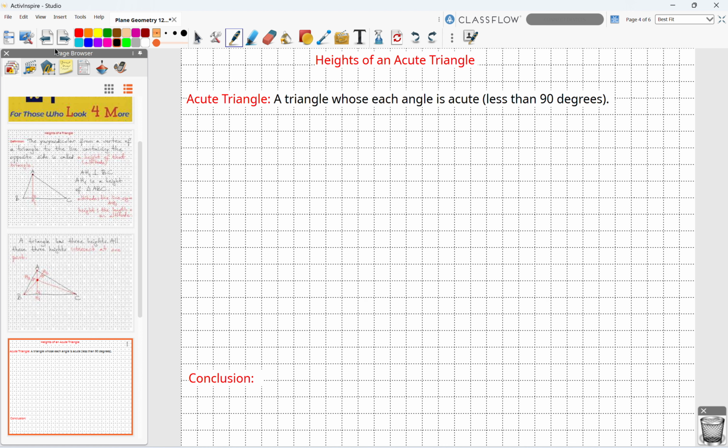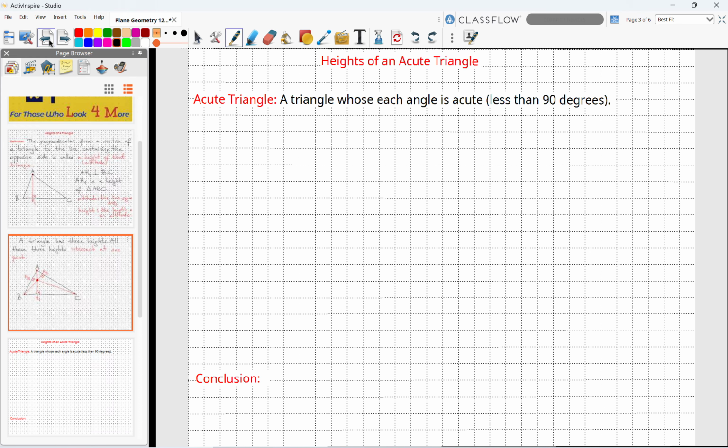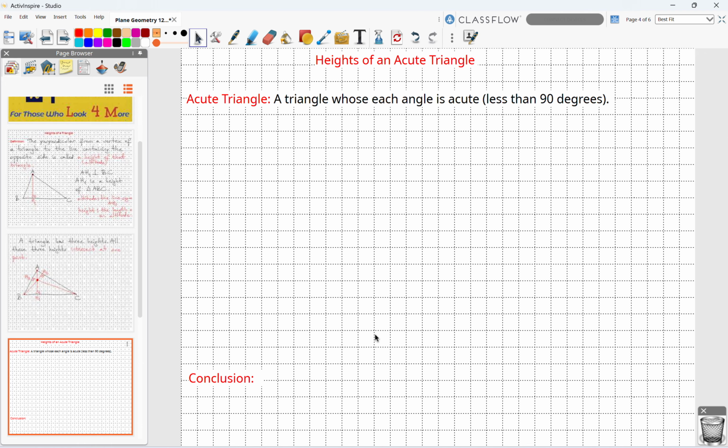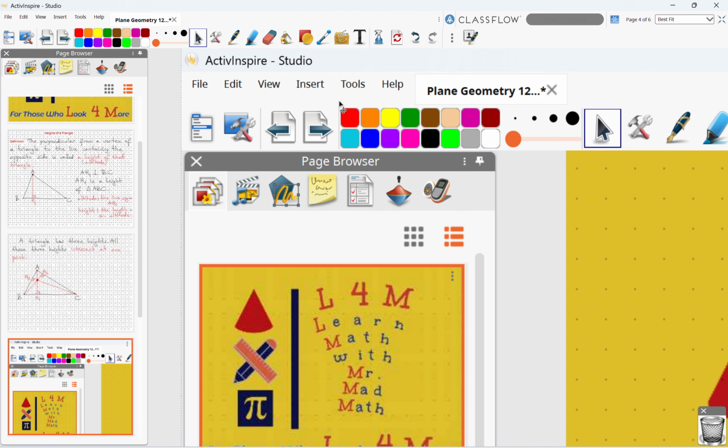You know that an acute triangle means a triangle whose every angle is an acute angle, which means less than 90 degrees. So in fact, the example I gave in the previous video, to show you that three heights of a triangle intersect at one point, can demonstrate our case for the acute angle triangle.